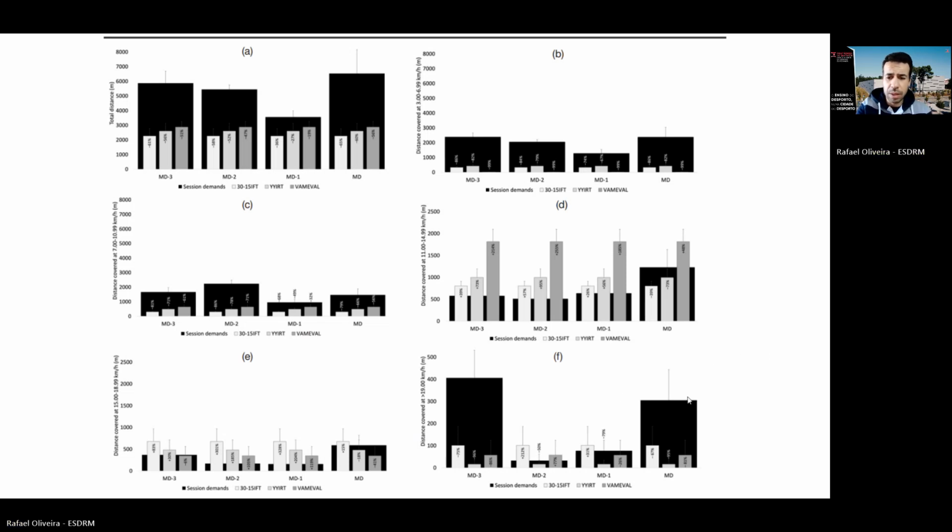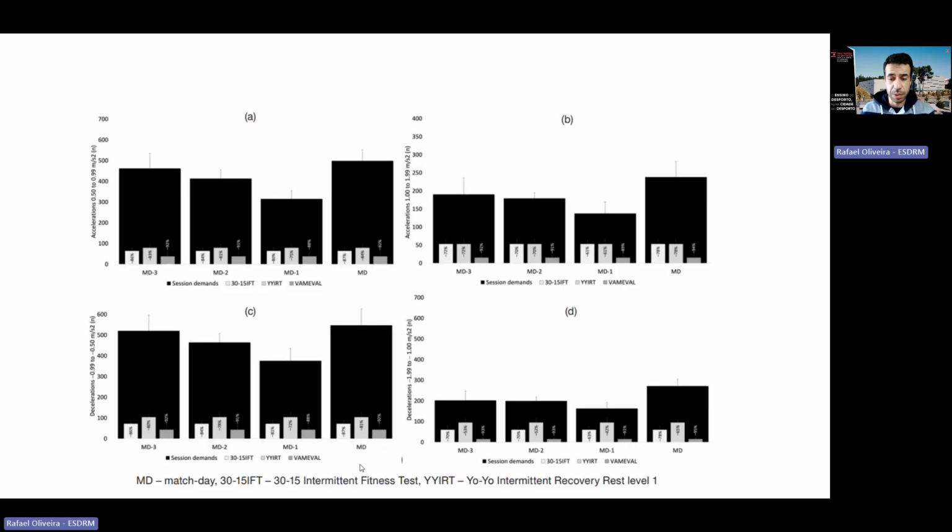But these values were never achieved with running distance higher than 19 kilometers an hour, which is very good to understand how much physical demand these tests require from a player in comparison with a match or a normal training.